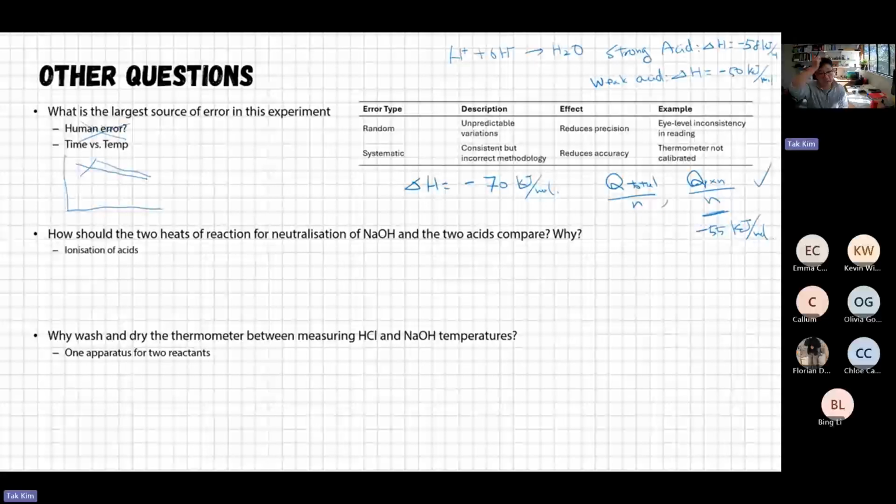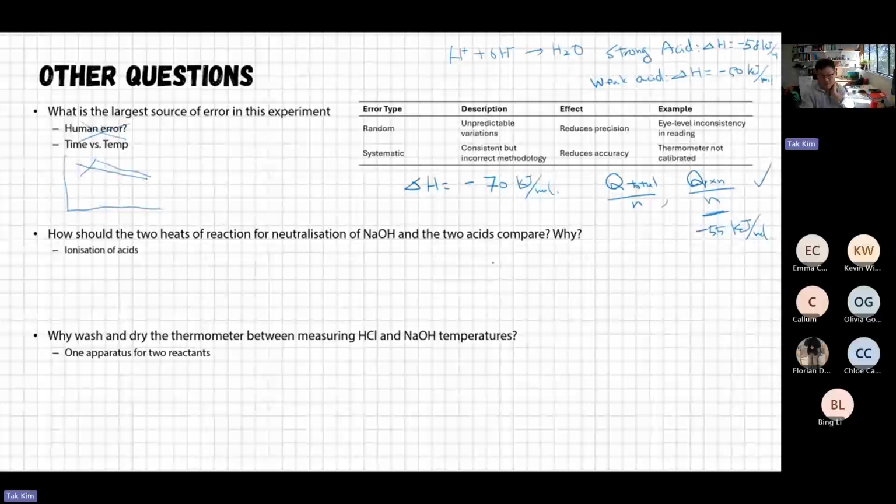And next one, how should the two heats of reaction compare? Okay, so this will be because of the types of acid. The first one, part B, was using strong acid. Because of that, they are already fully dissociated, so it doesn't need any extra energy for dissociation of the acid from its counter anion.